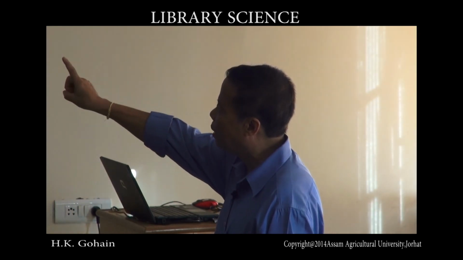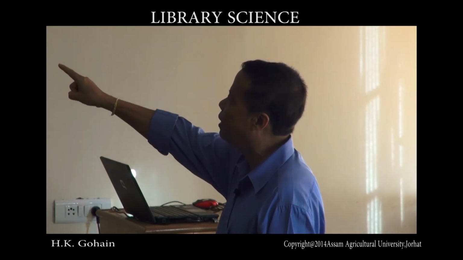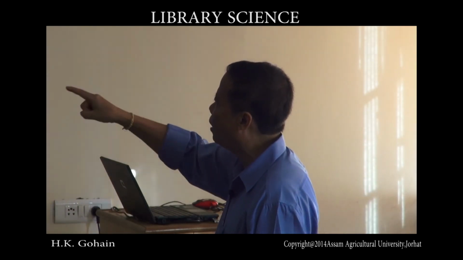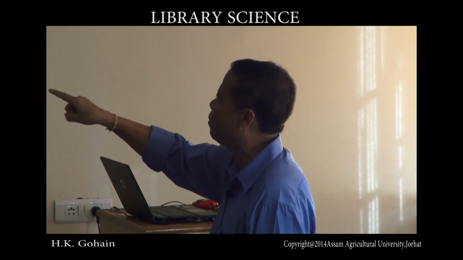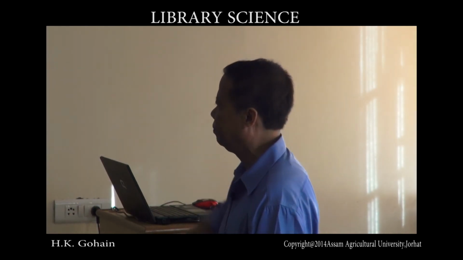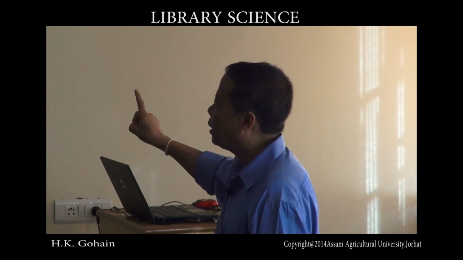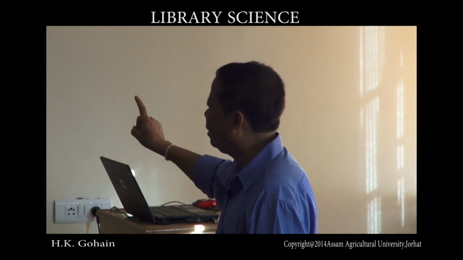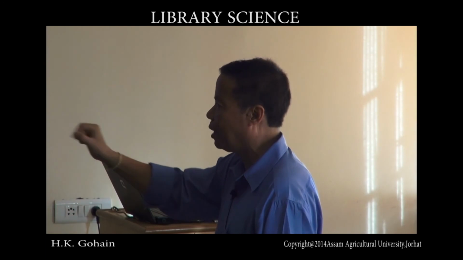It was not published. The PhD was given in 1984. The name of the PhD topic is Study of the Communication Pattern Among Extension Personnel in Development Organization. The publication is PhD thesis. We have to mention it like that.